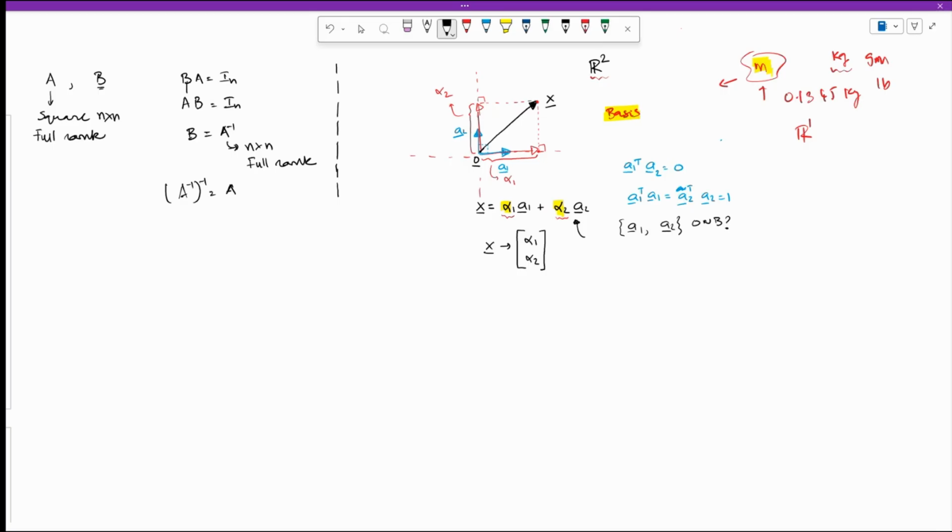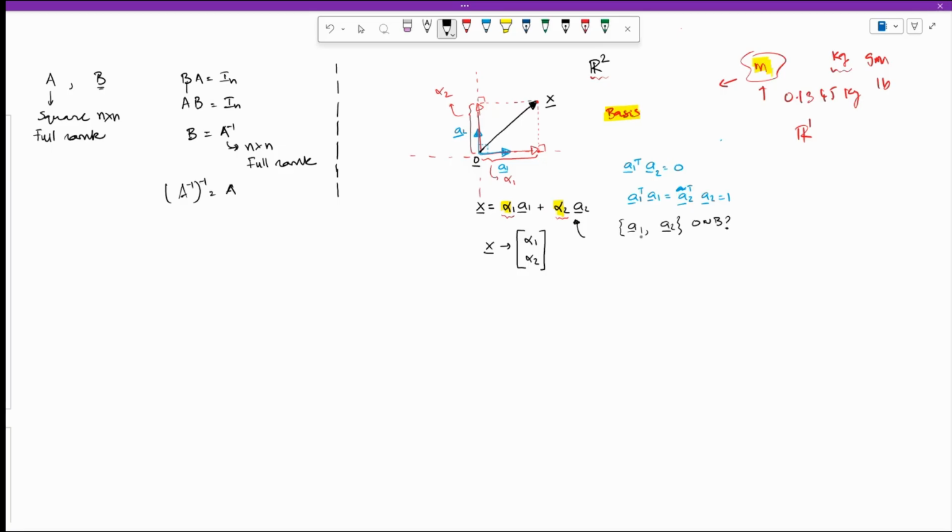It's a linearly independent set that spans the vector space that we are interested in. Then we say it's a basis for that vector space.